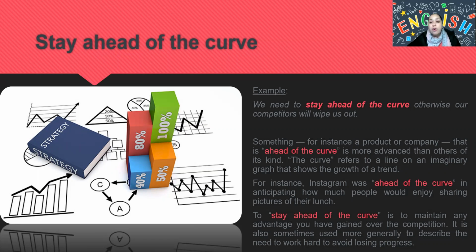To stay ahead of the curve is to maintain any advantage that you have gained over the competition. And I want to add something here that you learned before. To stay ahead of the curve, you as industrial engineers do something which is called benchmarking. Remember that one?